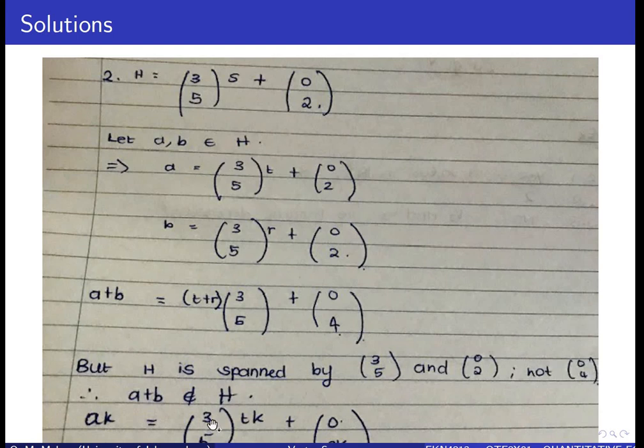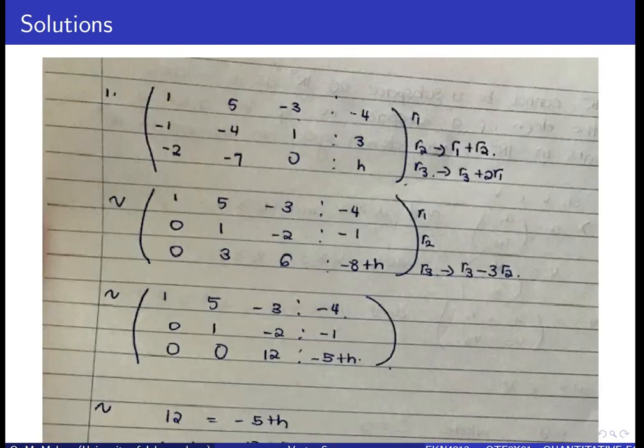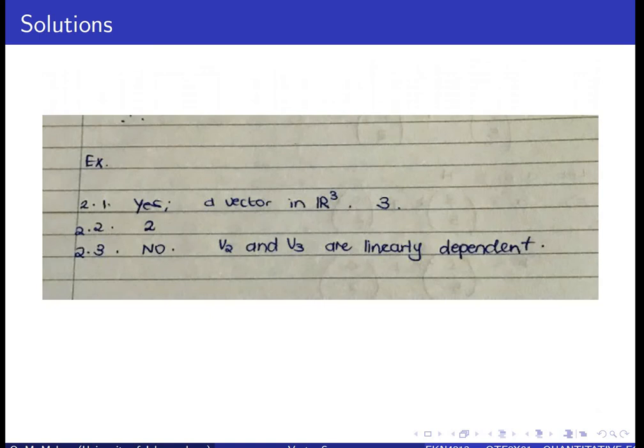So what I get is Ak, it's t(3, 5) times k, and (0, 2) becomes (0, 2k). And what I get here is that Ak is spanned by (3, 5), as well as (0, 2k). But it's not in H, because elements of H are spanned by (3, 5) and (0, 2). Hence, I conclude that this H is not a subspace of R2.